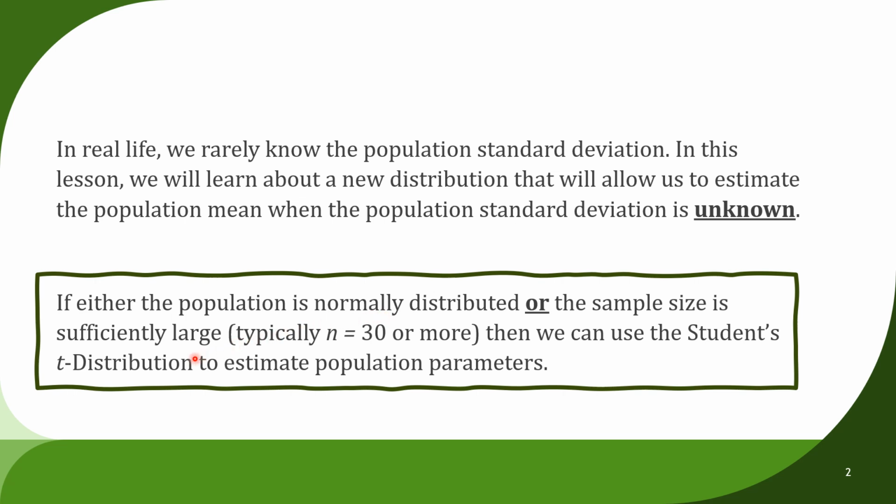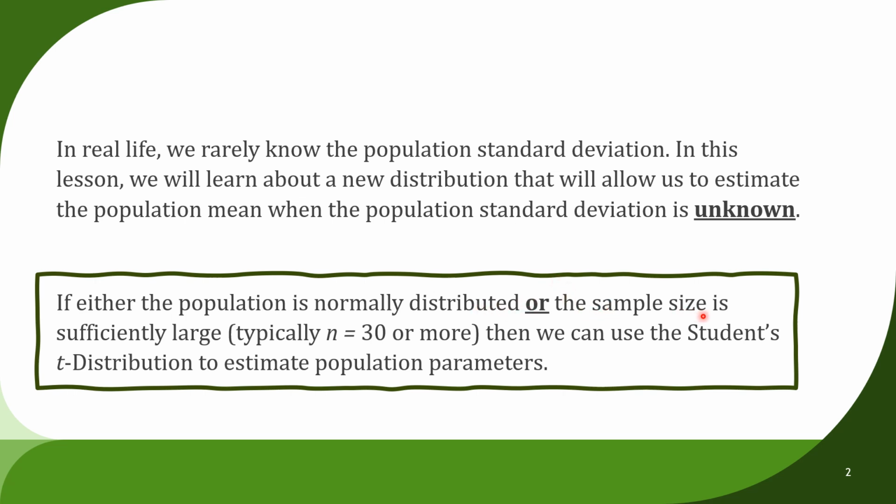This would be a scenario where maybe you know that your variable comes from a normal distribution, but you have a really small sample size. So maybe you're working on some type of rare species of animal or doing research on a rare disease, and you have a very small sample size to choose from, but you know that it comes from a normal distribution. Then you can use the student's T distribution.